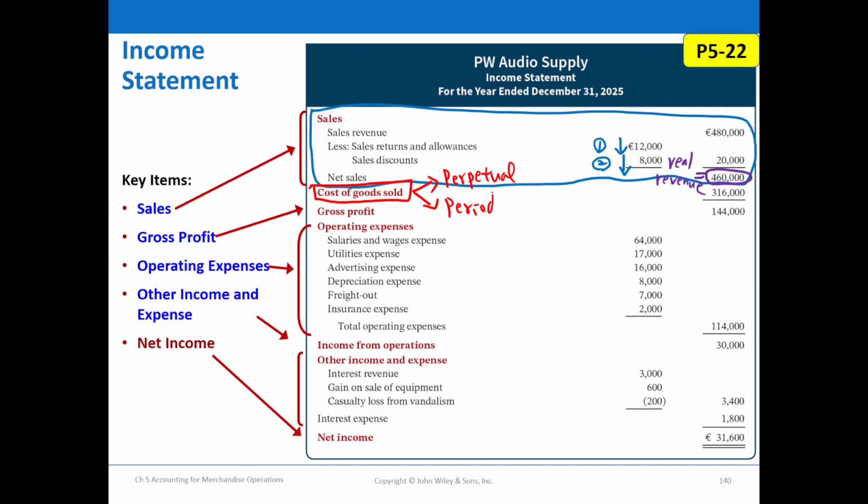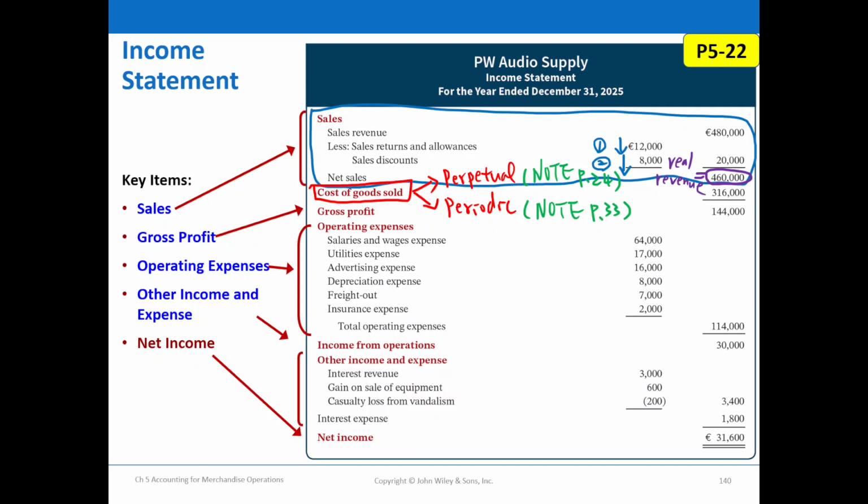For perpetual, you can look at your notes, page 24. For periodic, you can look at page 33. You should be very careful. It's a lot of information we still have to prepare.